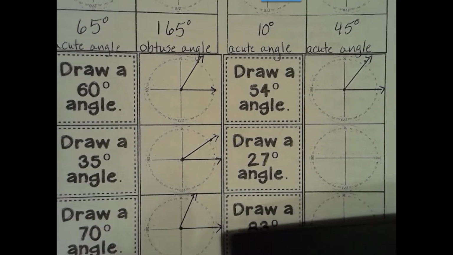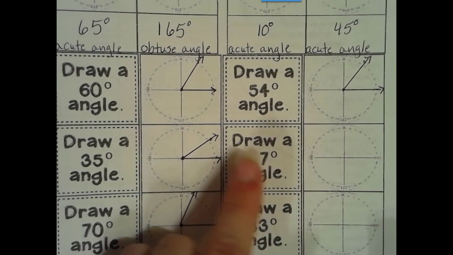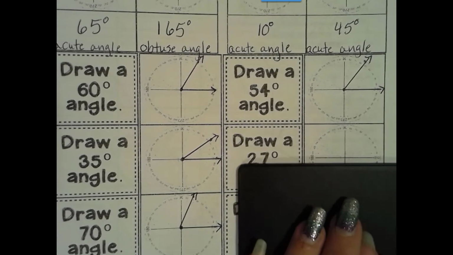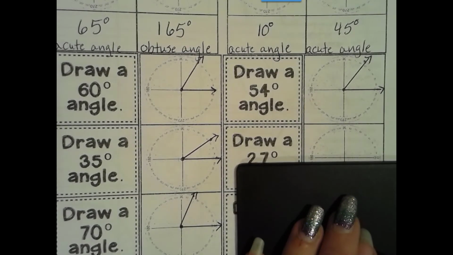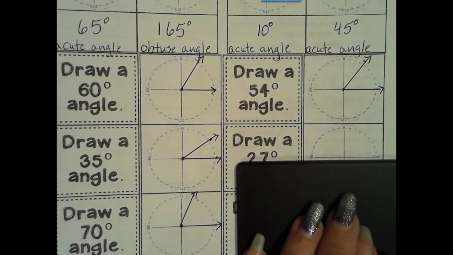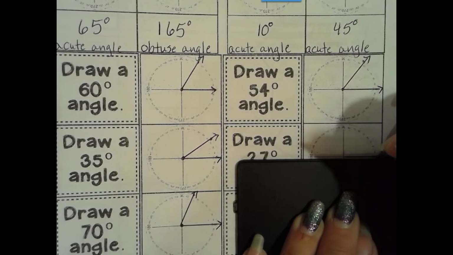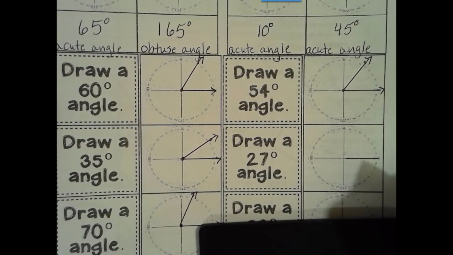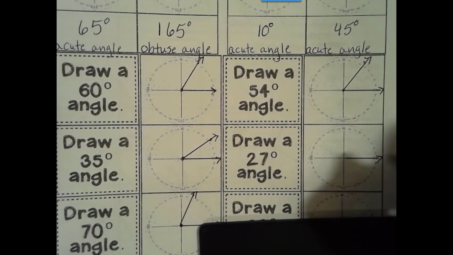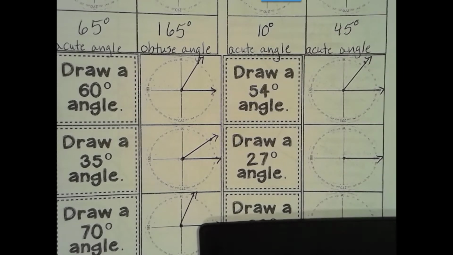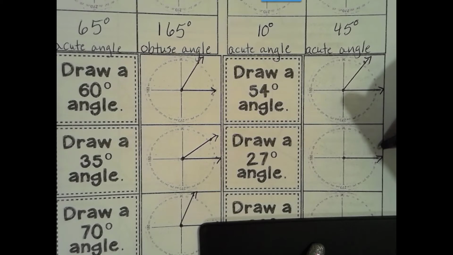Okay, 27, so this is going to be a little closer to 30 than it is to 20. So let's get down our first ray at 0. And then our second ray at about 27, so 10, 20.